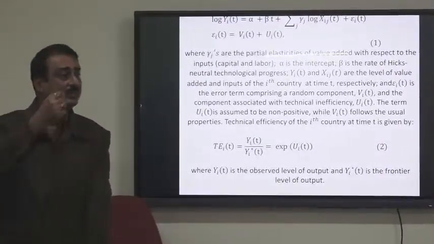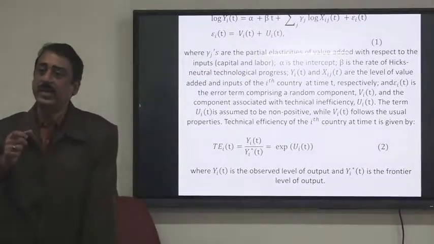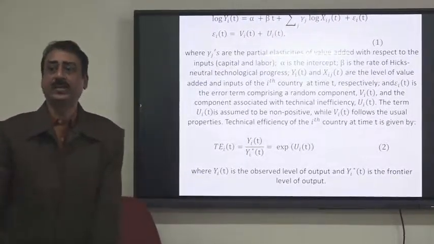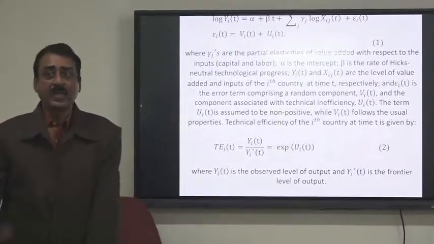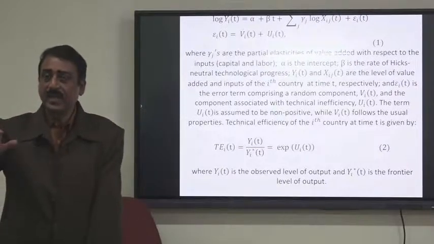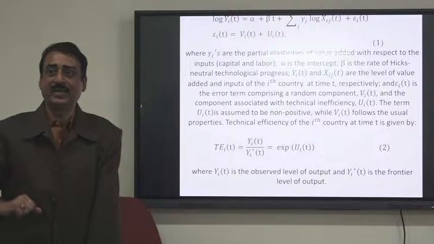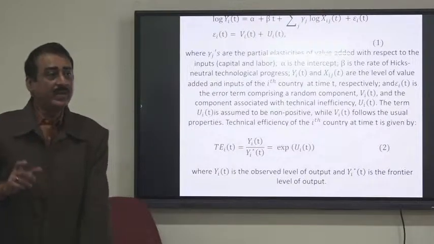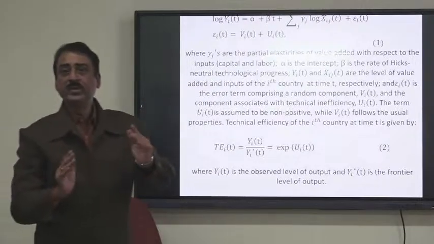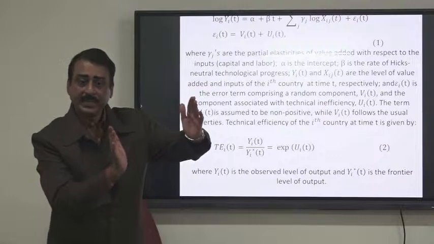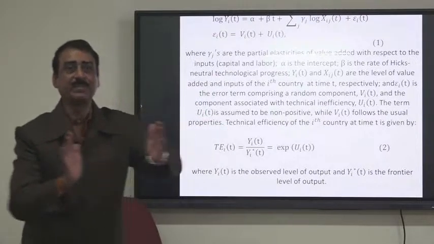So that is why you take the error term and regress it on t and t square. Based on that, you will figure out which form is the most efficient one. And when you are doing this exercise, you will consider each industry or each firm separately.